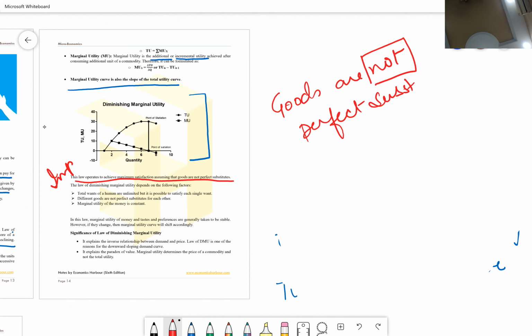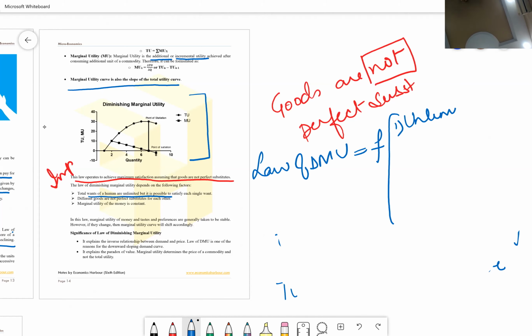Also, it must be noted that the law of DMU also depends on the following factors. First factor being that total wants of a human are unlimited. Unlimited wants, but it is possible to satisfy each single want.